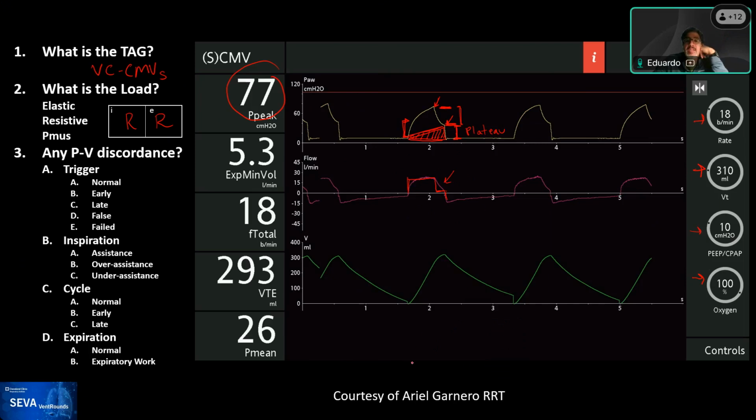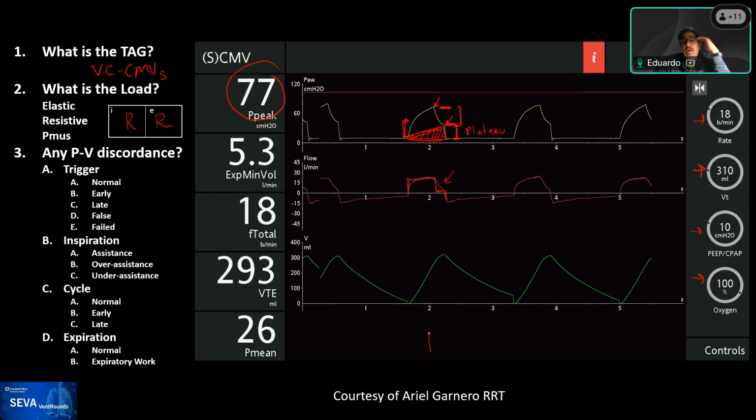This patient at this moment in time was undergoing a procedure, and obviously, whenever you see high resistance, thoughts will come through your mind. Well, is this bronchospasm? Is the patient biting on the tube? Are there secretions obstructing the tube? And in this case, it was something a little bit different.